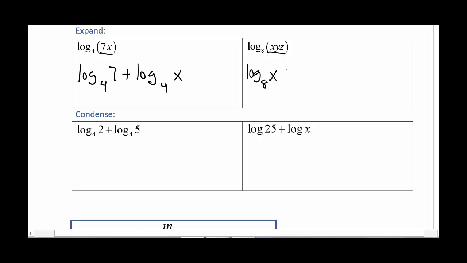So log base 8 of x plus log base 8 of y plus log base 8 of z. Anytime we're multiplying inside the log, the property allows us to break up the product into a set of sums.